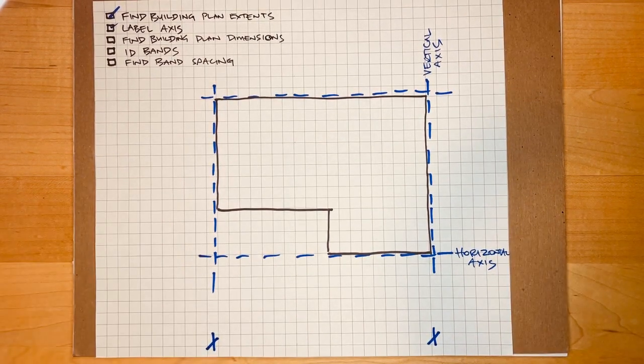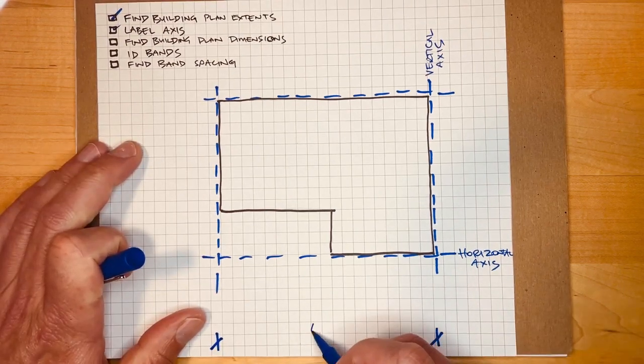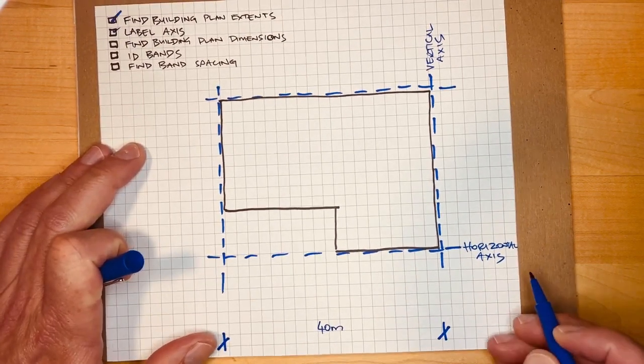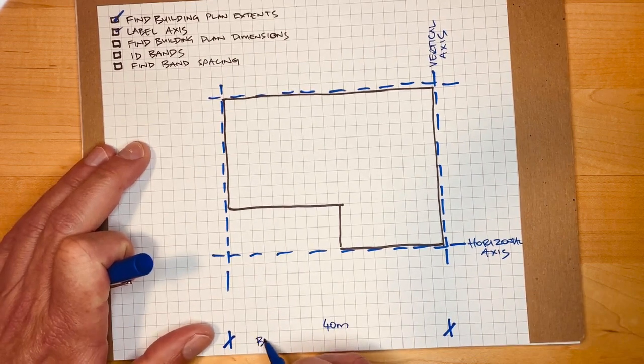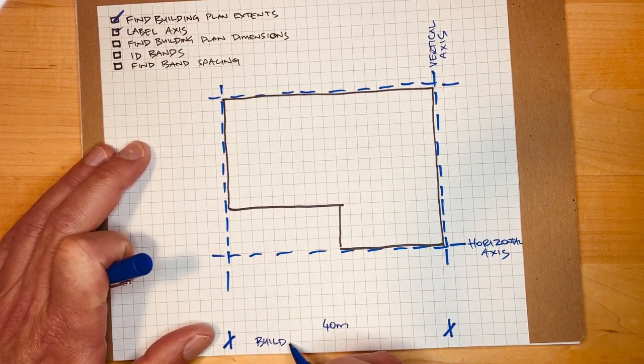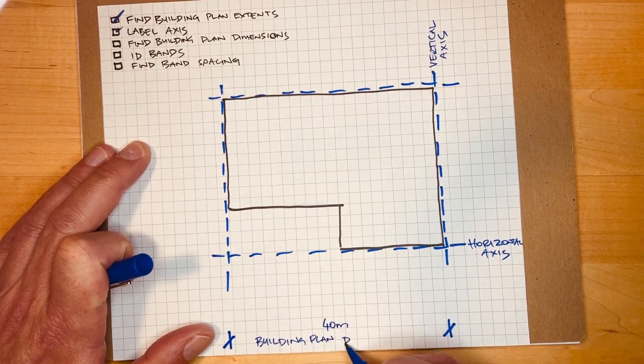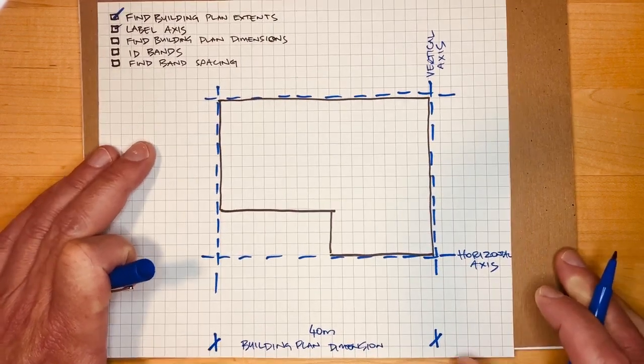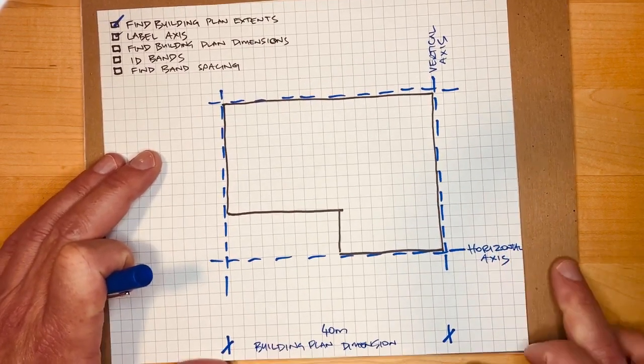And so let's, for example, call this 40 meters, and that is the building plan dimension along the horizontal axes.